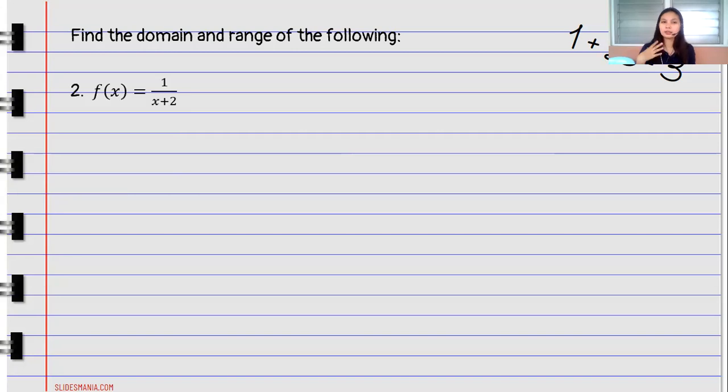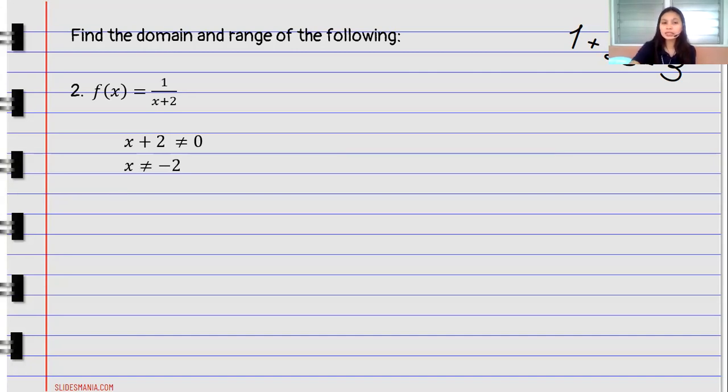Another example, ayan. F of x is equals to 1 over x plus 2. So, what is our domain? Actually, this is also related with our previous lesson in first quarter about the rational expression or equation po. X plus 2 is not equal to 0. So the denominator must not be equal to 0.